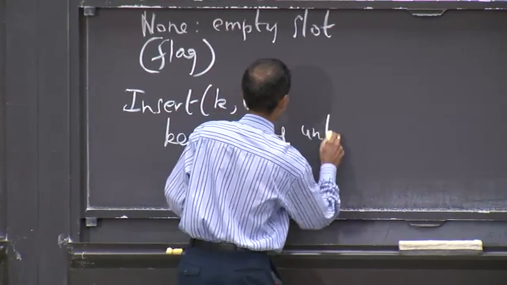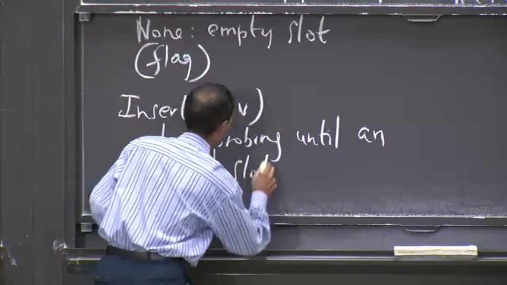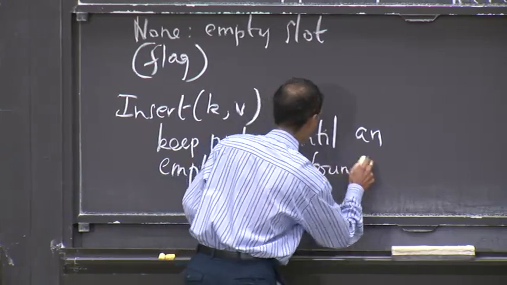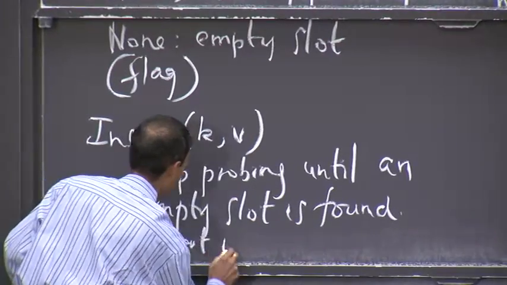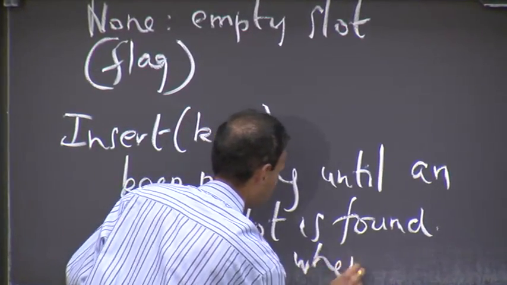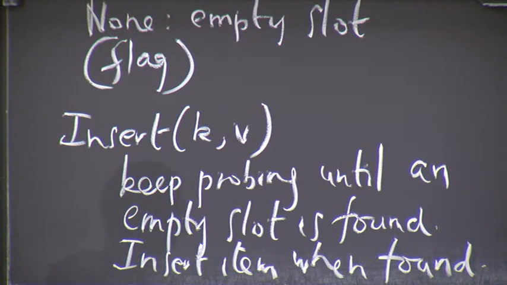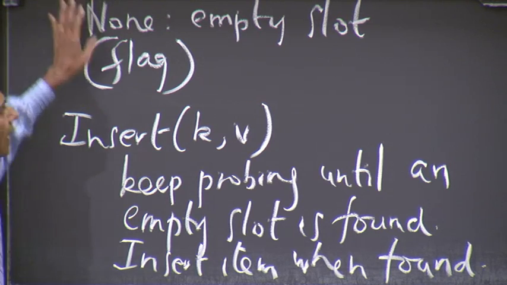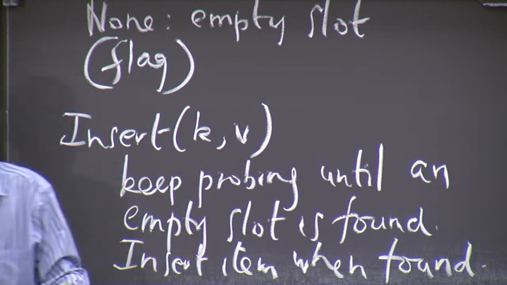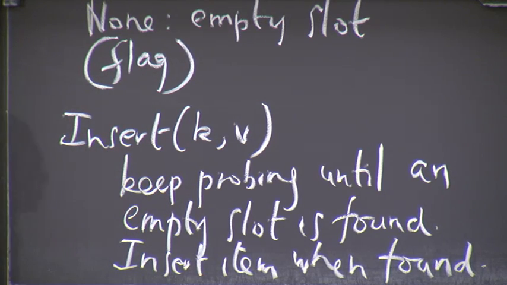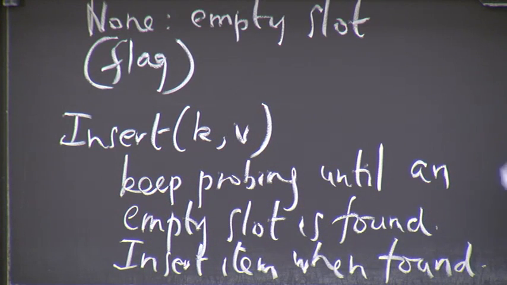Keep probing until an empty slot is found. And then when it's found, insert the item. And as long as you have the permutation property that we have up there, and given that m is greater than or equal to n, you're guaranteed that insert is going to find the slot. Okay? That's the good news. Now, it might take a while, and so we have to talk about performance a bit later, but it'll work.